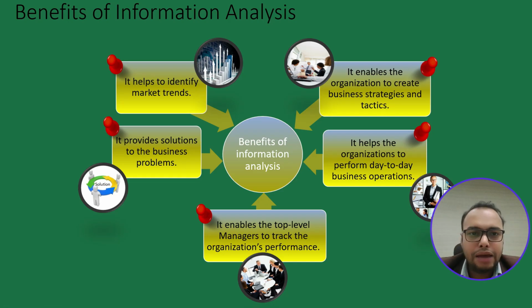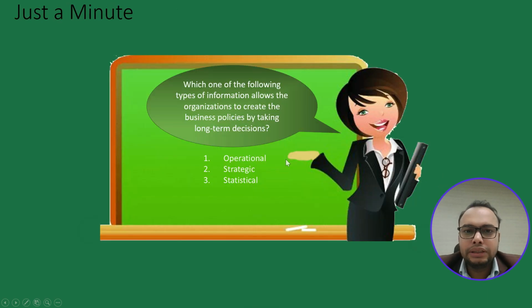Obviously, once you have a business empire, you have to make different strategies. Strategy means different ideas for your business. Means how many new products I can add, how many new technologies I can add in my business so that I can make a total revenue, right? So different strategy and tactics you are going to make. So this is an advantage of information analysis. I hope you guys understood.